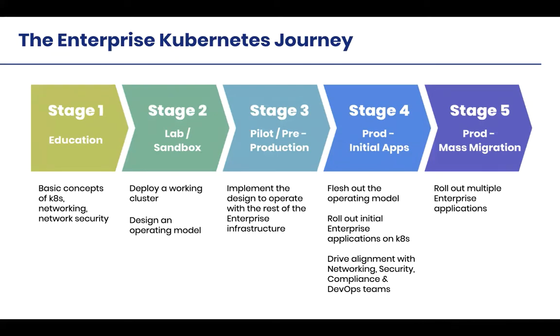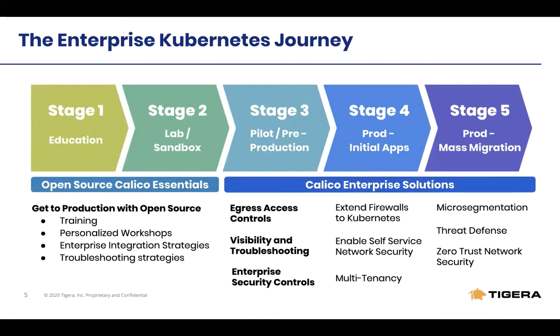So, in terms of how we think about our roadmap and how we think about Calico Enterprise helping on that journey, for the very early stages, you might be already using Calico open source, and we do have something called Calico Essentials, which is really designed on helping you get the most out of Calico open source as you're working your way to production.